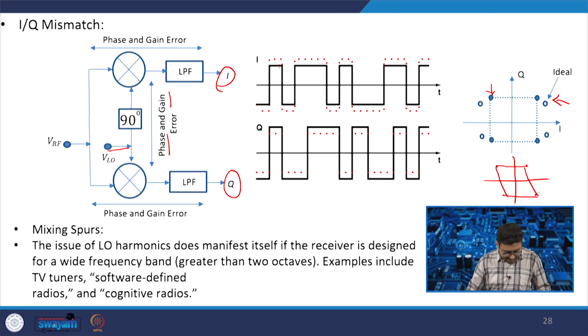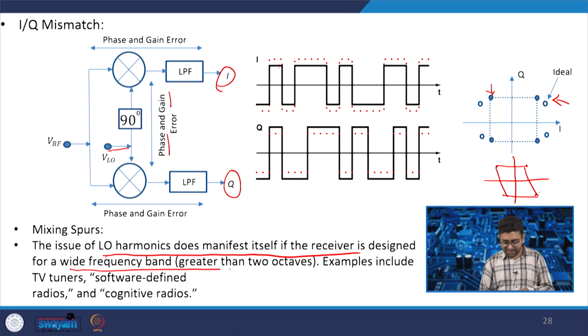Then the problem of mixing spurs. There are not as many mixing spurs as in the heterodyne, but still there is an issue that LO harmonics manifest themselves if the receiver is designed for a wide frequency band.